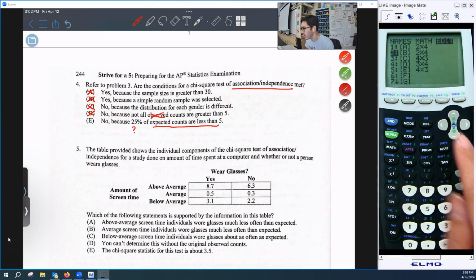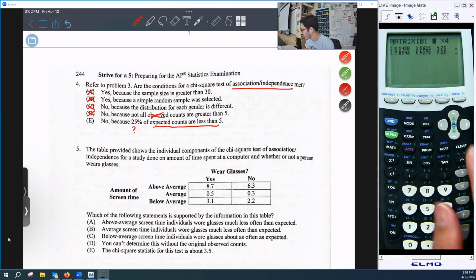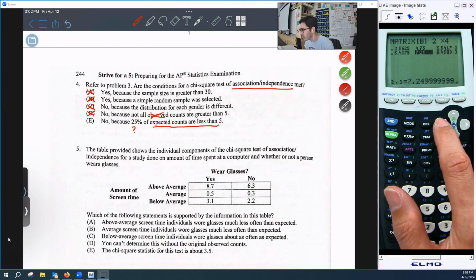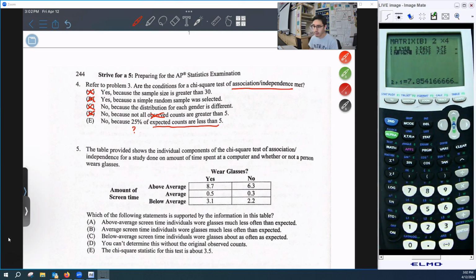Let's go to Edit and then choose Matrix B. All right. So we've got 1, we've got 2. All right, so it looks like there are 2 out of the 8 expected counts that are less than 5. That would be 25%.